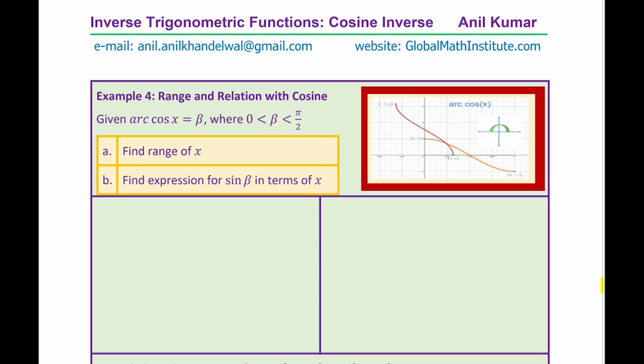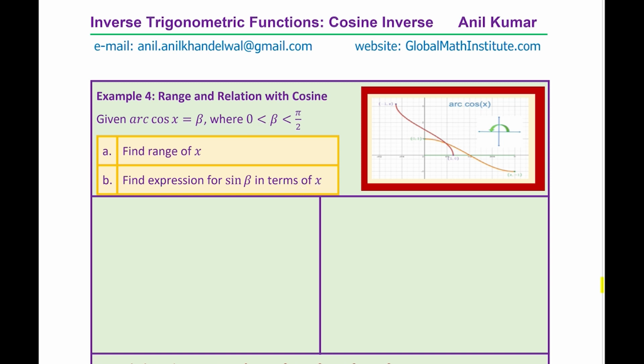Here is question number 4 for you. We will look into the range and the relation with the cosine. Given arc cos x equals beta, where beta is between 0 and pi by 2, find the range of x. And part B is find an expression for sine beta in terms of x.